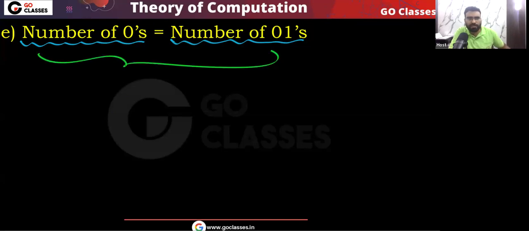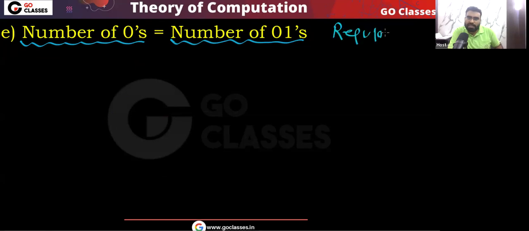In which string will this happen? Tell me, let me know. This language is regular. Why? Because they are already dependent. If 01 is coming, the 0 is already coming. See, they are dependent, right?